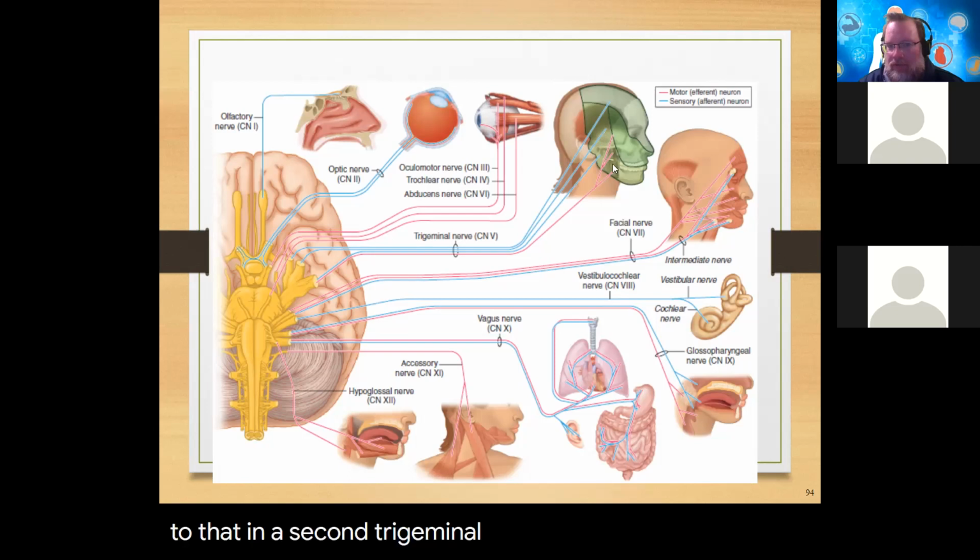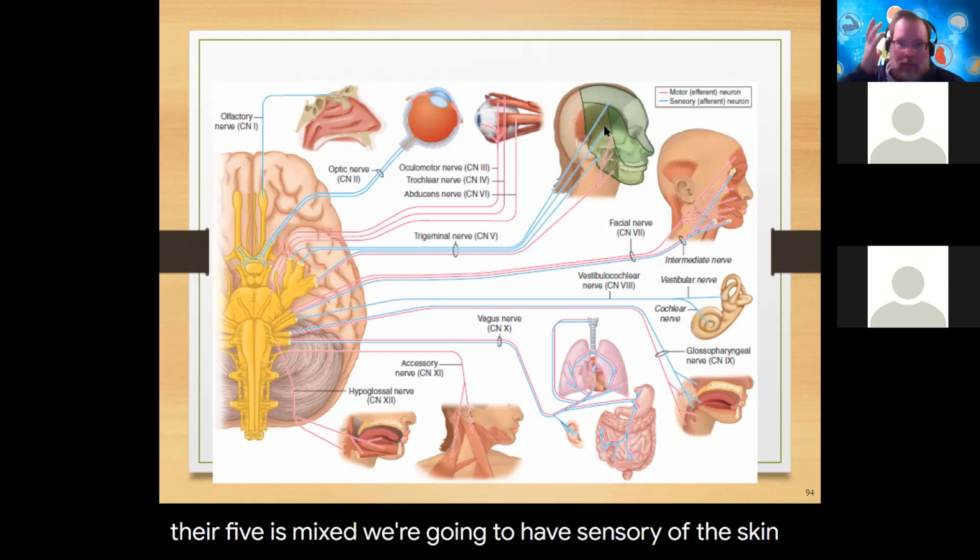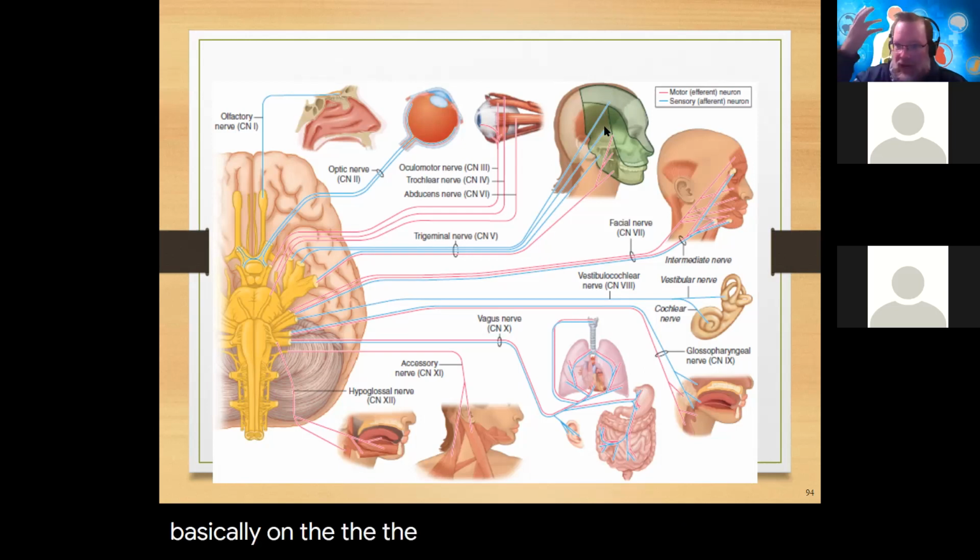Trigeminal, cranial nerve 5. Okay, cranial nerve 5 is mixed. We're going to have sensory of the skin, basically on the entire face. Okay, so the bulk of the face, sensory, is going to be trigeminal.